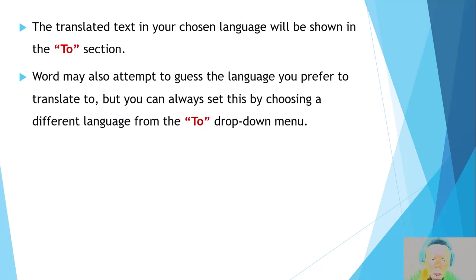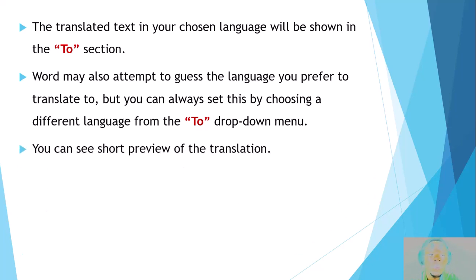Microsoft Word always has a way of guessing things, because from the start we said Word may guess the language it is in, and it is also trying to guess the language you are trying to translate it to. But you can always set this by choosing a different language from the To drop down menu.